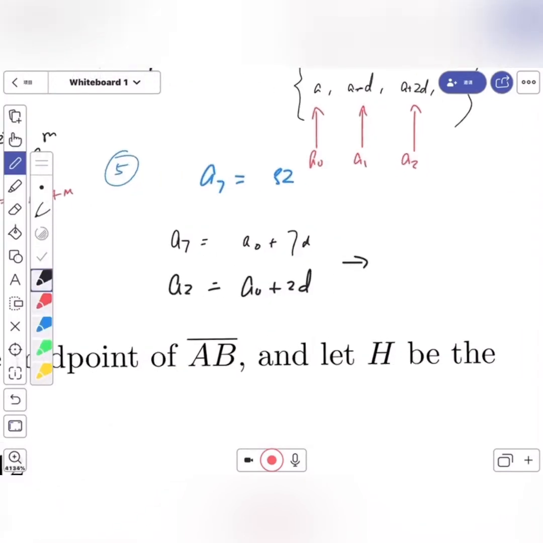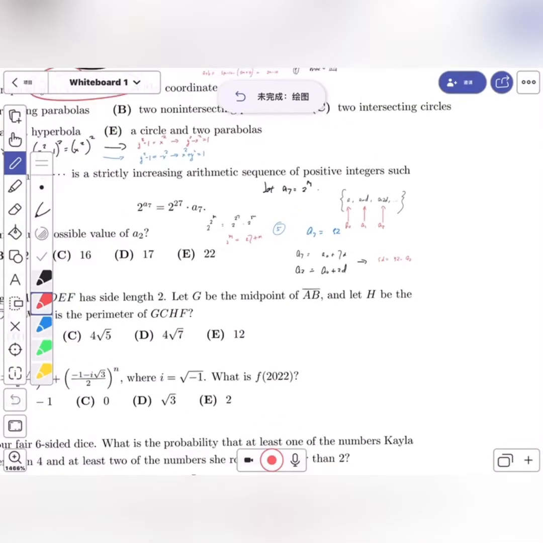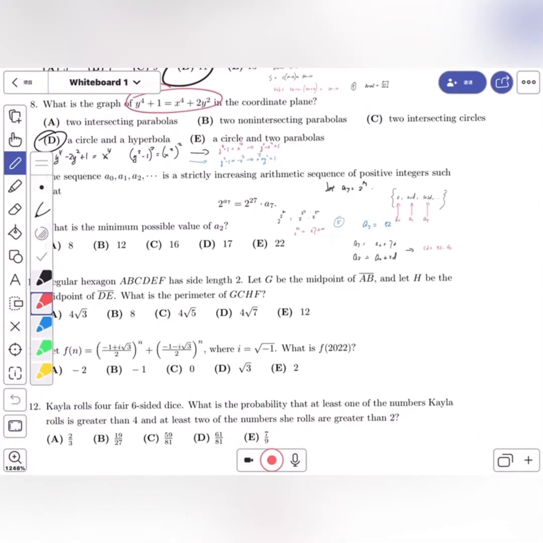Now we can actually just subtract these two equations, which gives us 5d is equal to 32 minus a sub 2. Well, okay. We want to find the minimum value of a sub 2 such that this equation right over here still holds.